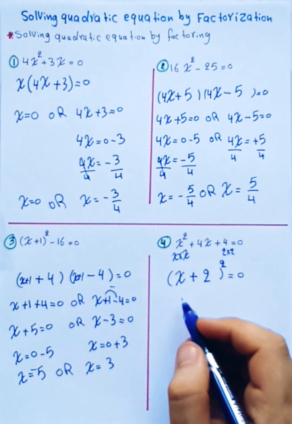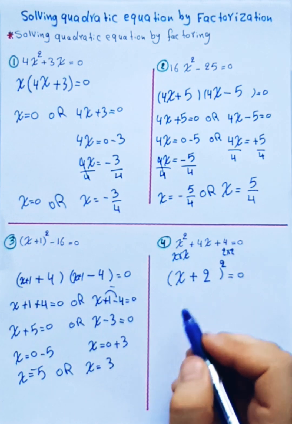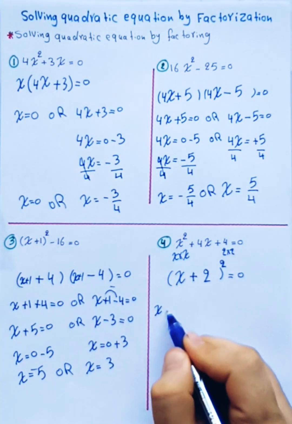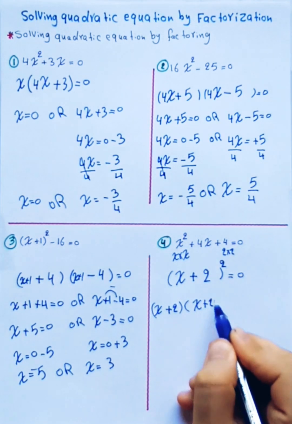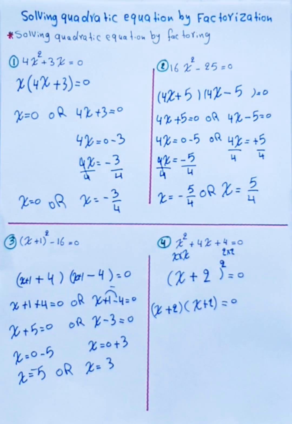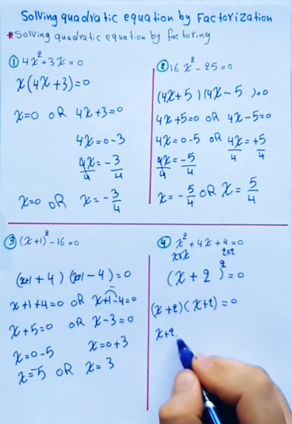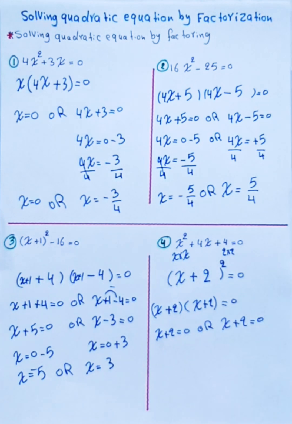After that, we can write this parenthesis like that, x plus 2 multiplied by x plus 2 equal to 0, and then we have to write this equation like that, x plus 2 equal to 0, or x plus 2 equal to 0. You have to find the value for x.